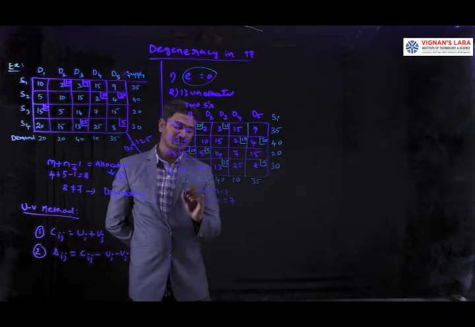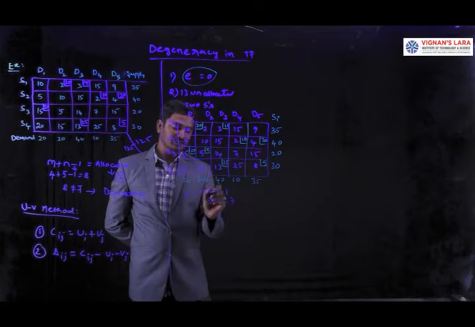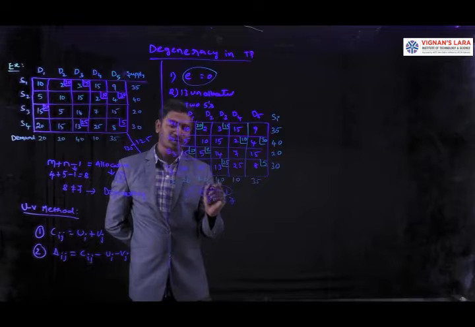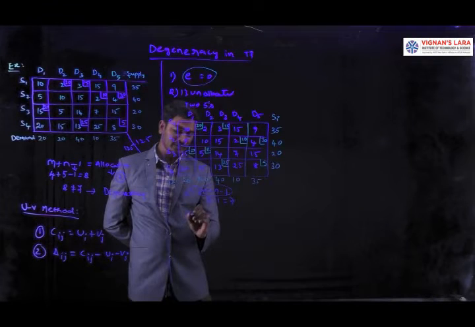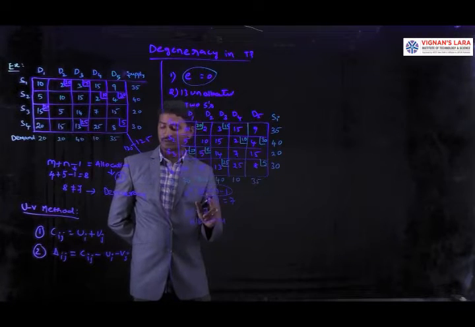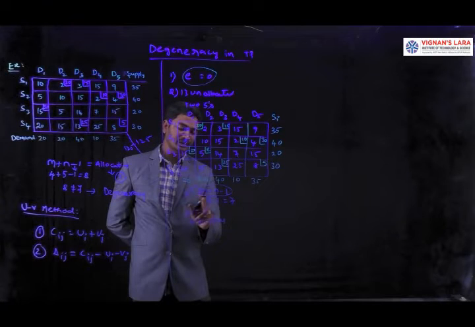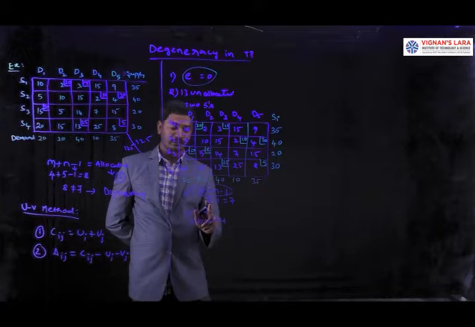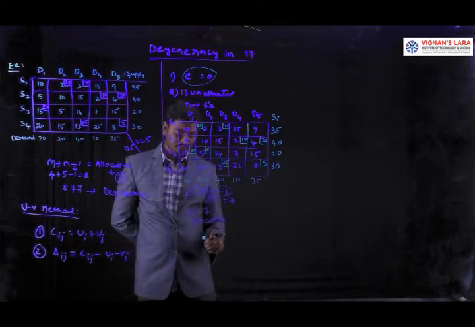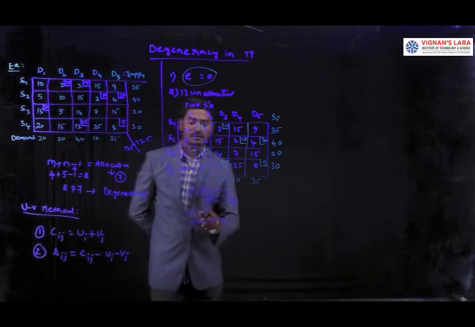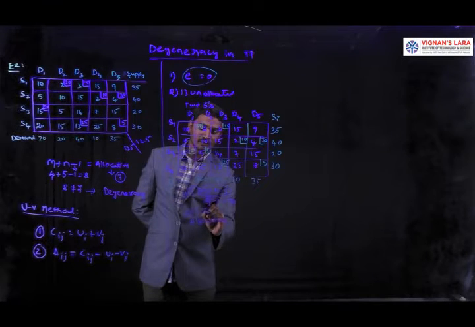This total value is called capital N. Sorry, here N is equal to m plus n minus 1, which is 5 plus 4, 9, minus 1, equal to 8.